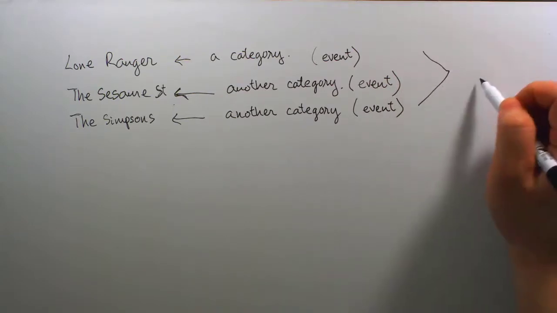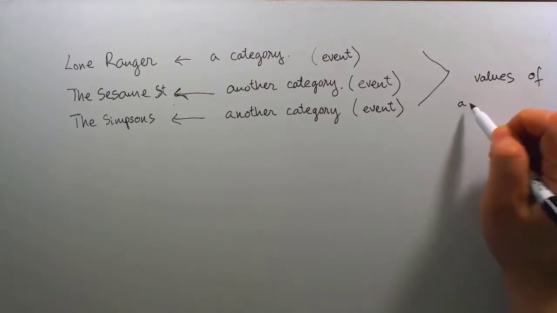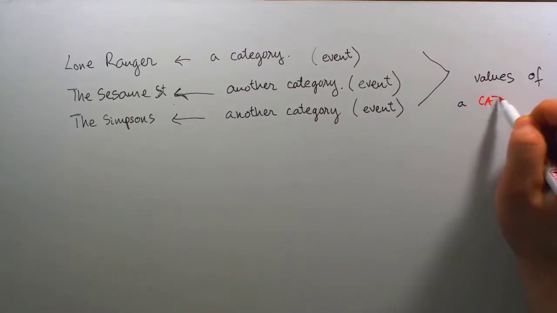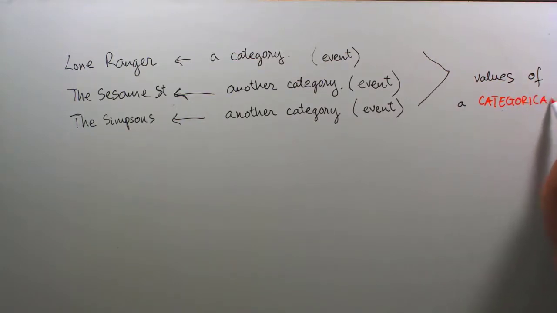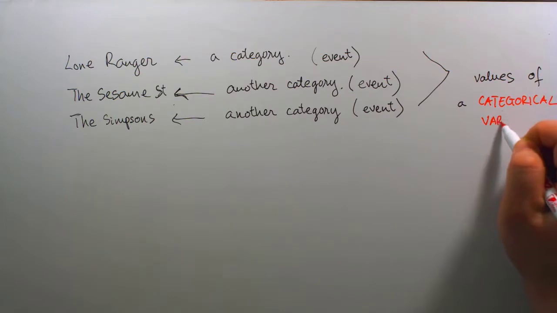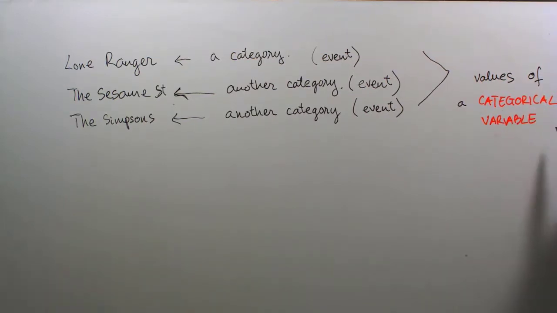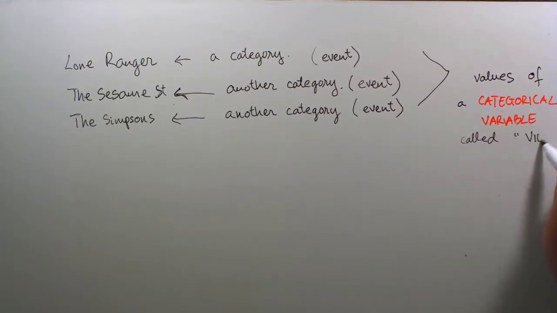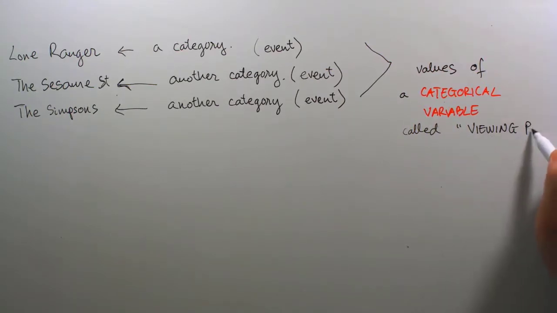Any of these are values of a categorical variable. Let me write this in red ink right here: the values of a categorical variable that we can name, maybe, viewing preference.